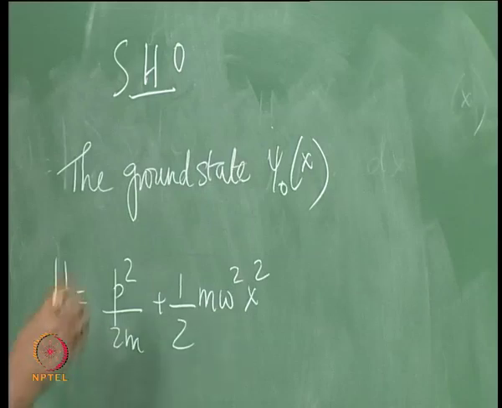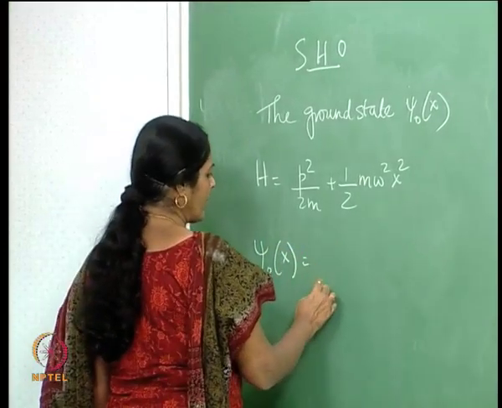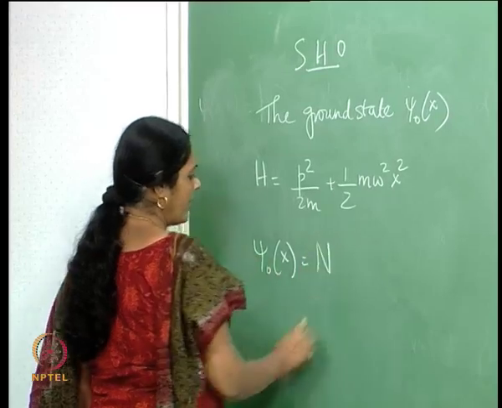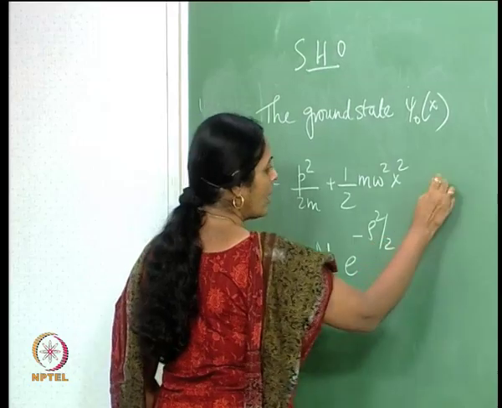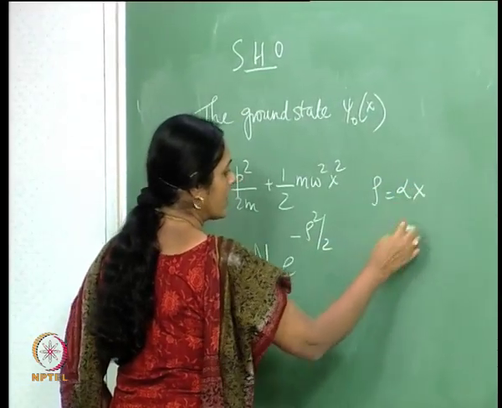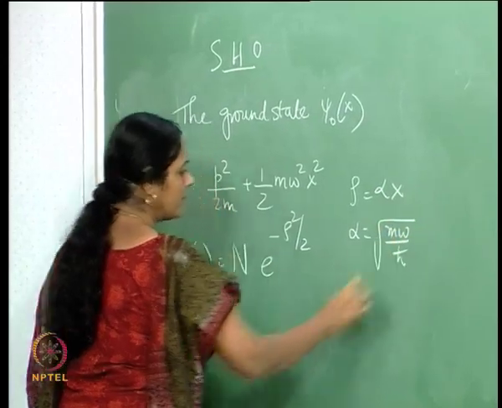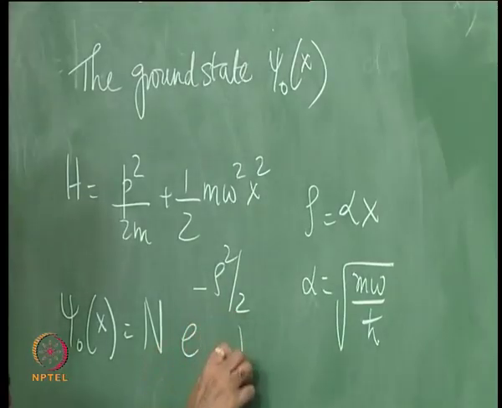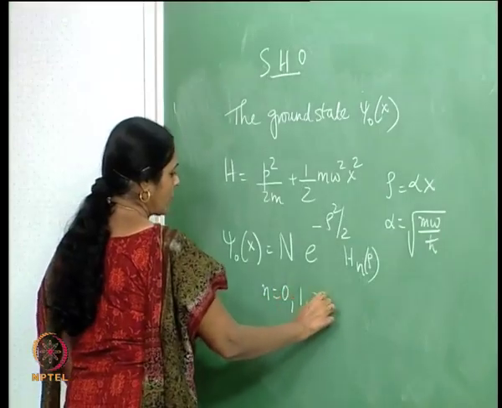You will also recall that the ground state of the oscillator in the position representation was a Gaussian, and in fact psi 0 of x, apart from a normalization N, had e to the minus rho squared by 2. I defined a dimensionless variable, rho is alpha x, where alpha had dimensions of inverse length, times Hn of rho, and n of course took value 0, 1, 2 and so on.